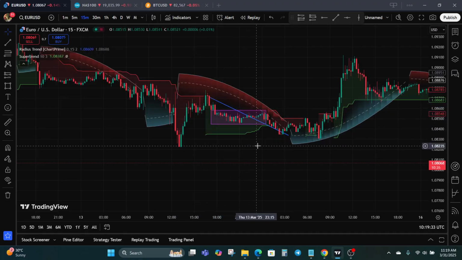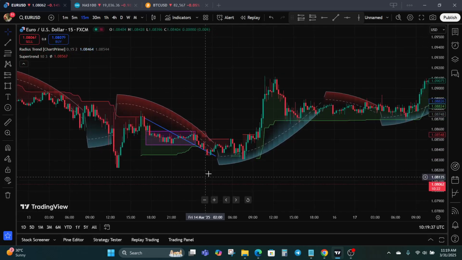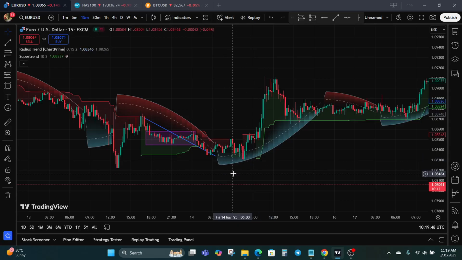Of course it also helps to confirm trend reversals earlier than super trend, meaning faster decisions with fewer whipsaws.